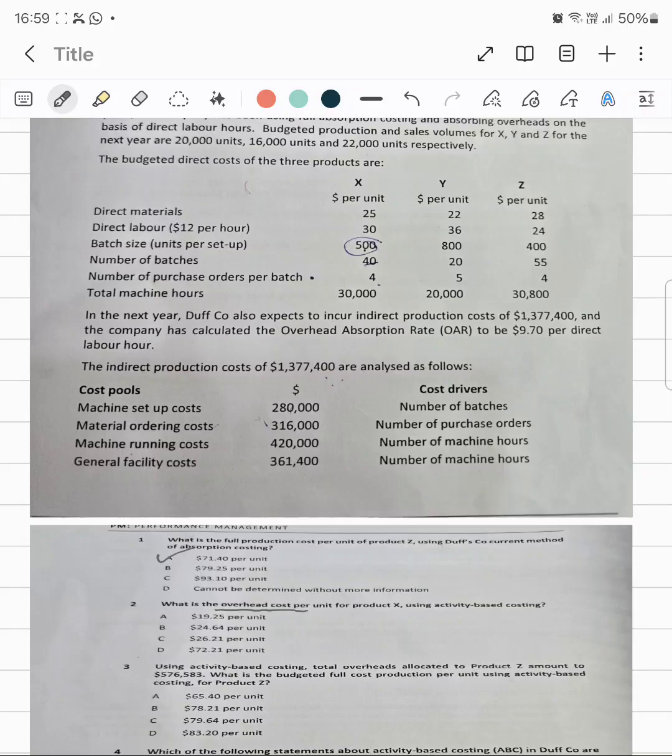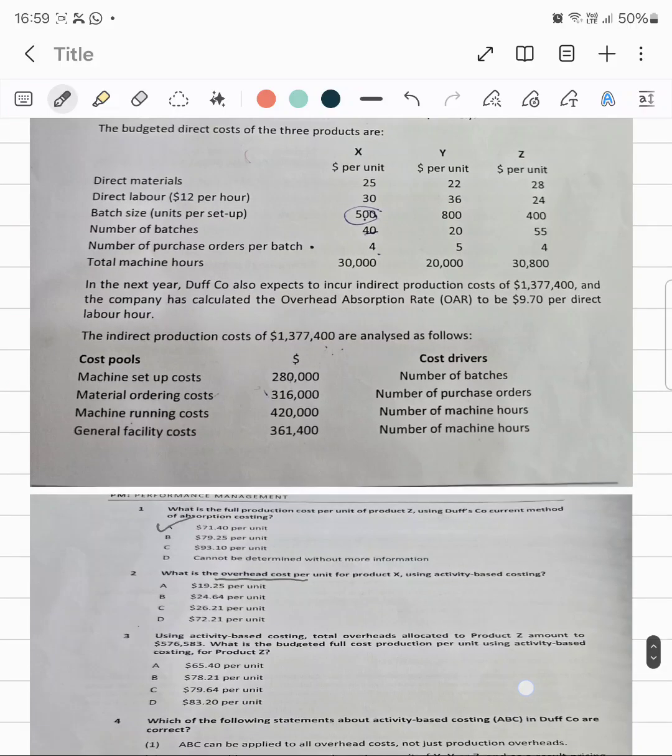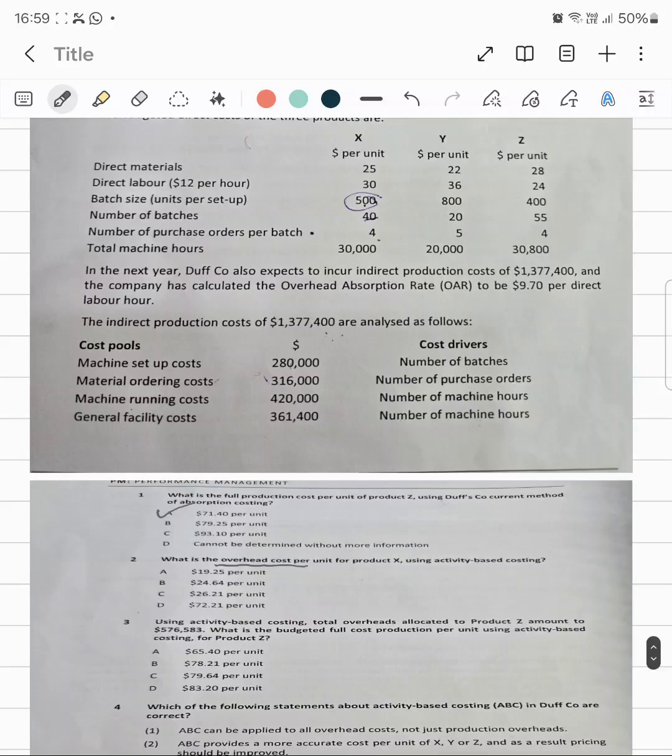If I add 280 plus 316 plus 420 plus 400, it gives me 1,03,77,400 only. Okay, fine. Now, based on each cost pool, I'll have to calculate the production overhead absorption rate.